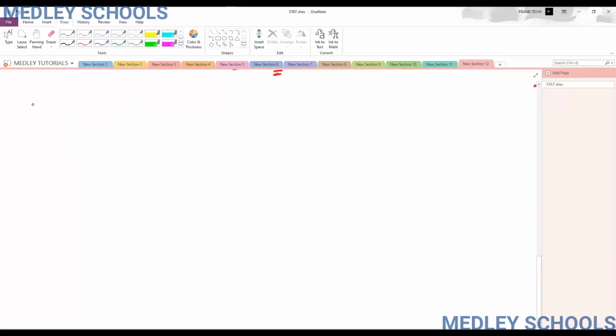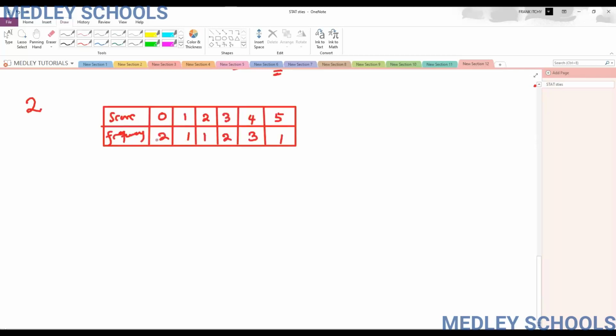So we go to the next example, which is example 2. In example 2, we are given the table above and we're asked to find the mean, the median, the mode, and the range. Now this is not just ordinary data, this is a frequency table. So we are going to form another table, because to find the mean, we need another column.